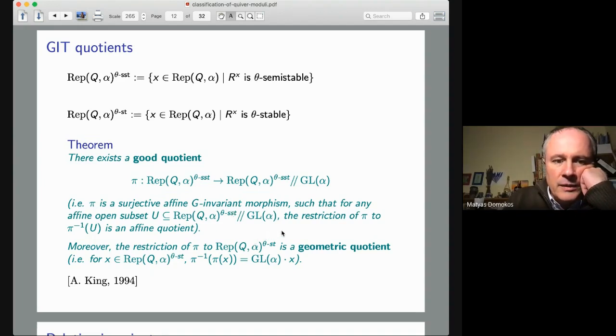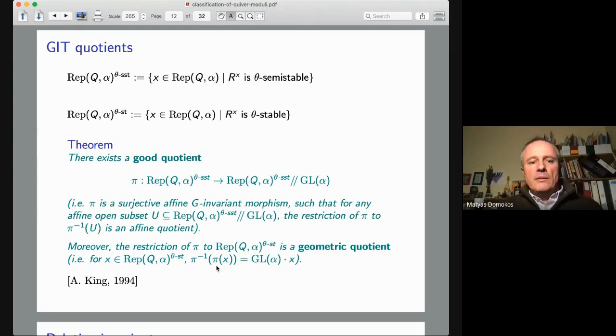And moreover, the restriction of this map pi to the subset of theta stable points is a so-called geometric quotient. So the fibers of this restriction are just the orbits.